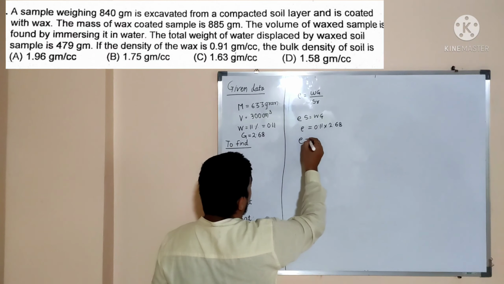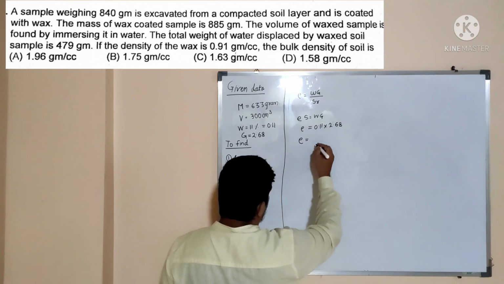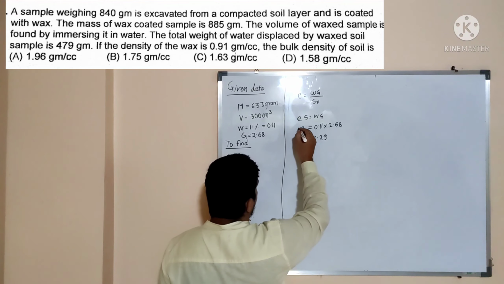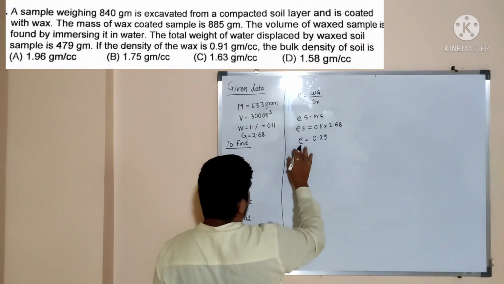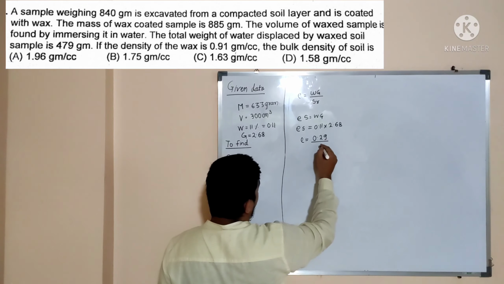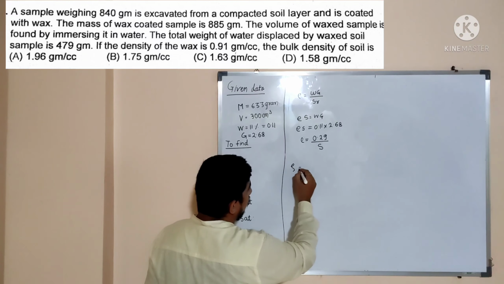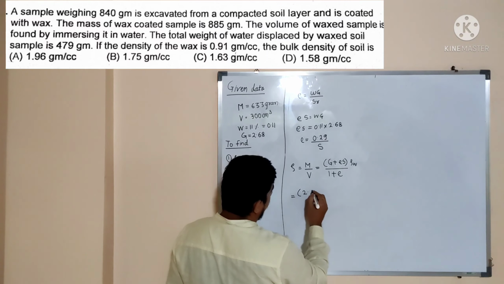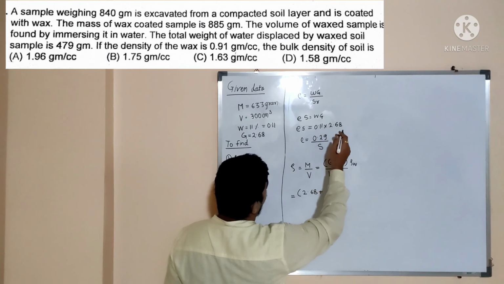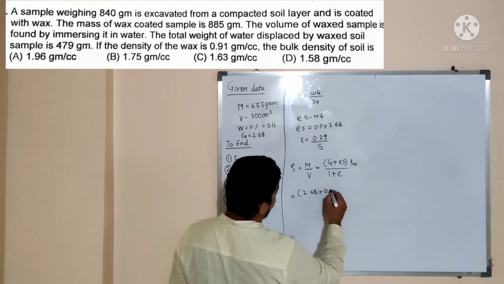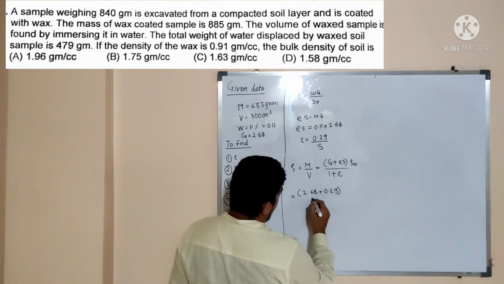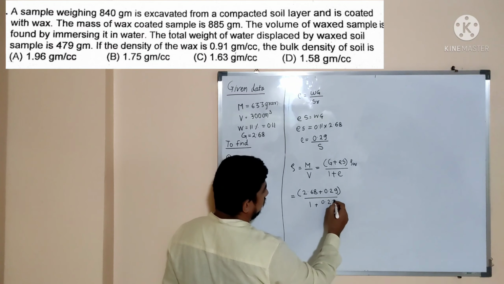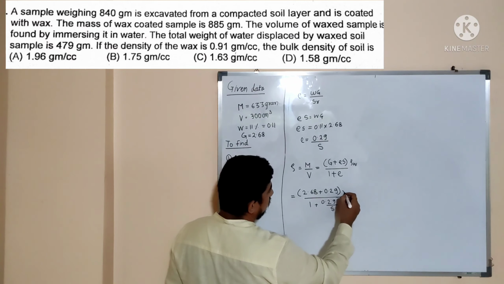So we get eS equal to 0.2948, that is 0.29. Then rho is equal to mass upon volume, that is G, 2.68, plus eS, which we have calculated as 0.29, upon 1 plus e, that is 0.29 by S. Rho_w is 1.